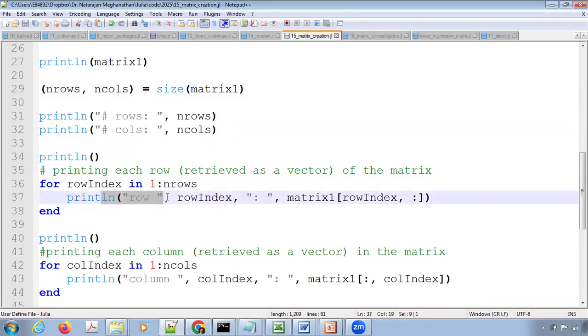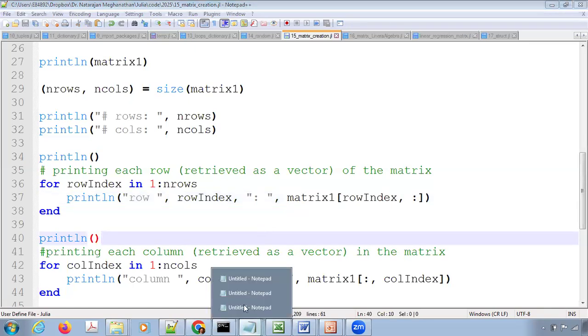Then row index 1 means row 1 is this. As I said, you access the matrix name, in this case matrix1, and the row index, comma, and to access all the elements in that row, or all the columns in that row, just put the colon symbol. That will retrieve all the elements, columns in that row.